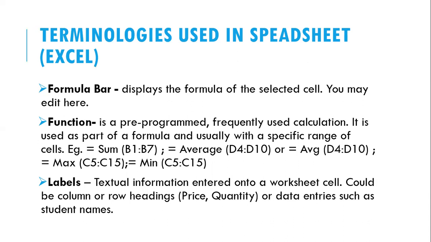Also equals AVERAGE when you're looking for the average from cell D4 to D10, or in brief, AVG from D4 to D10. Also finding the maximum, equals MAX, C5 to C15, and finding the mean, maybe from C5 to C15.